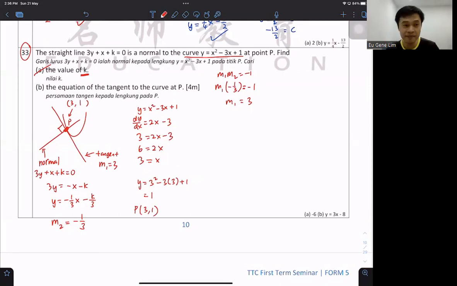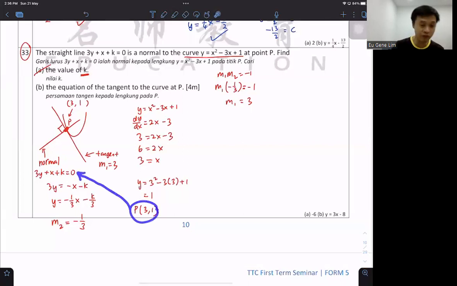Okay, I understand. Point P is (3, 1). Now we can find K. How to find K? Now you can sub this point into the equation of normal, because the coordinate is x and y, right?